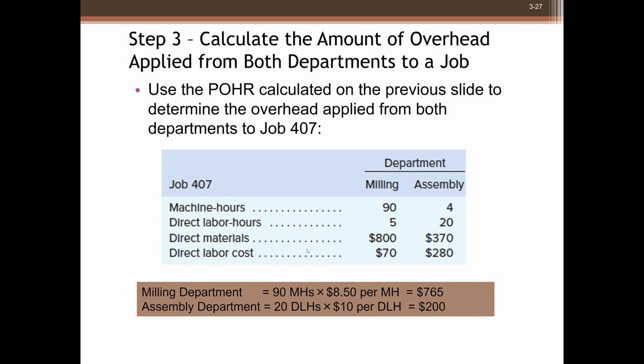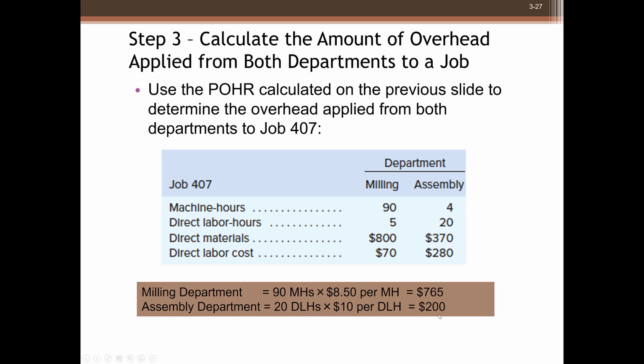So for the milling department, total MO is calculated by 90 machine hours multiplied by the predetermined overhead rate, $8.50 per machine hour, and then we can get $765. For the assembly department, we use 20 direct labor hours multiplied by $10 per direct labor hour.